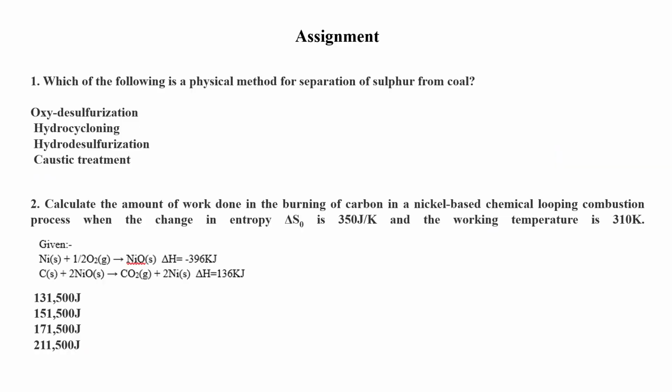I want you guys to answer, okay? Coming to the first question: which of the following is a physical method for separation of sulfur from coal? Anyone from the student side?